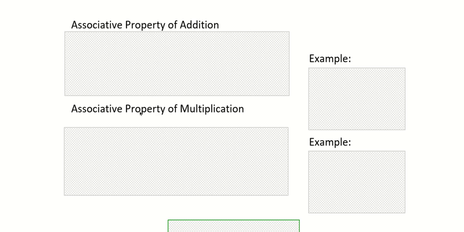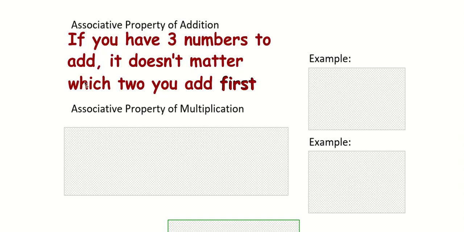So moving on. There's also something we call the associative property of addition, as well as for multiplication. This is essentially a property that says, and again, some of this is like, no duh, if you have 3 numbers to add together, it doesn't matter which 2 you add first.